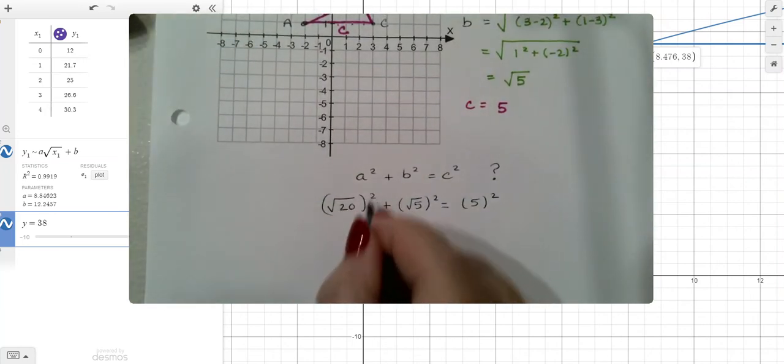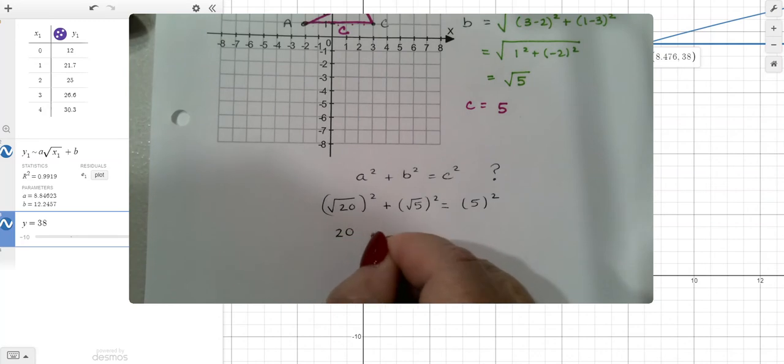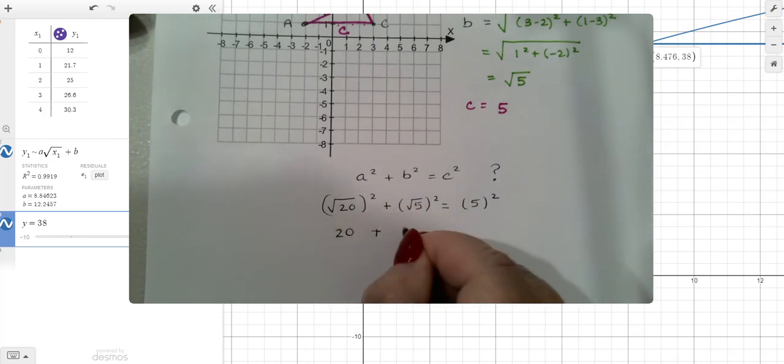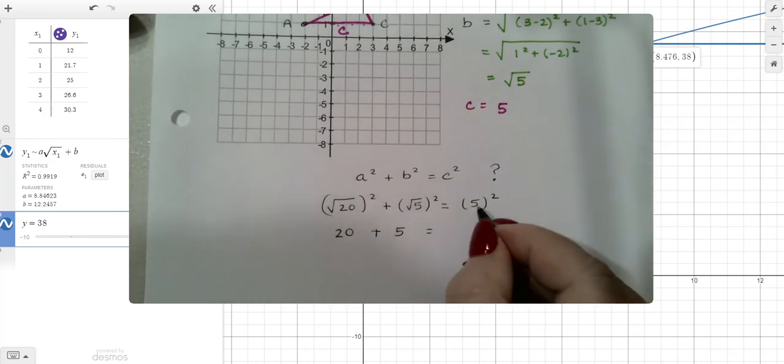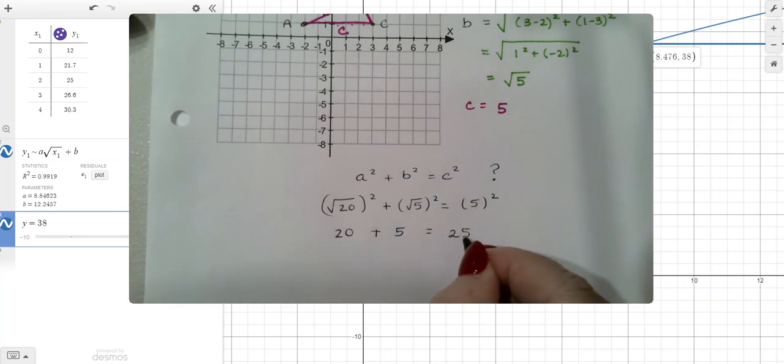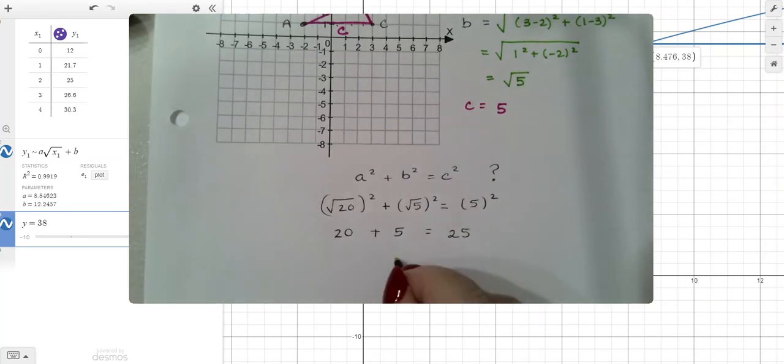So squaring the square root just gives me 20. Again, here squaring a square root, that just gives me 5. And of course 5 squared is 25. And that is absolutely true. So since the Pythagorean theorem worked, I know this must be a right triangle.